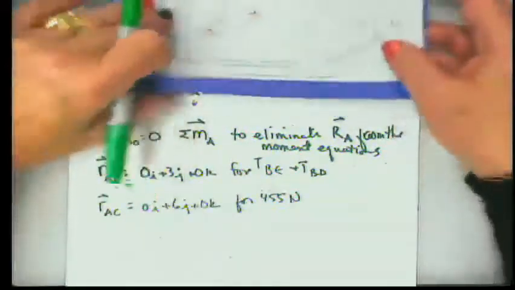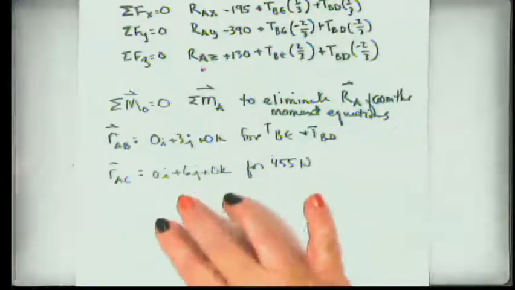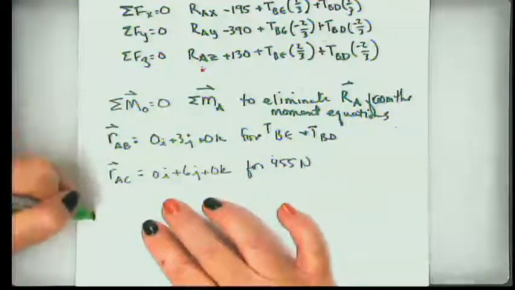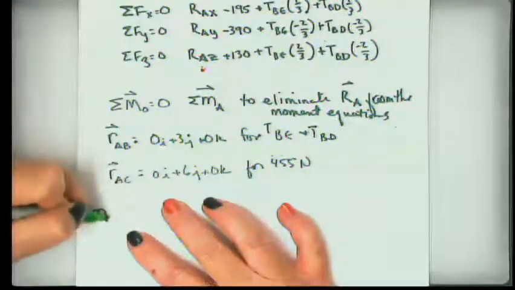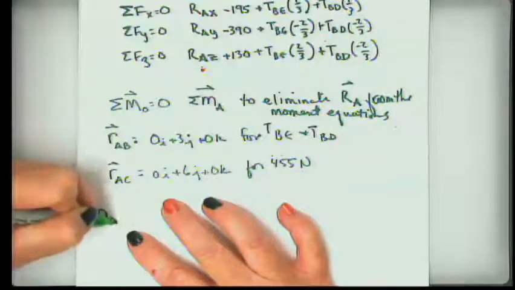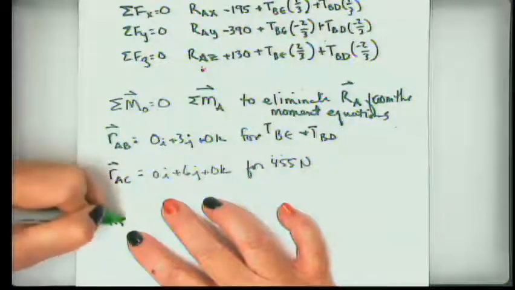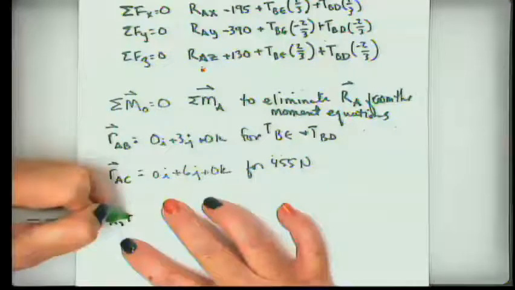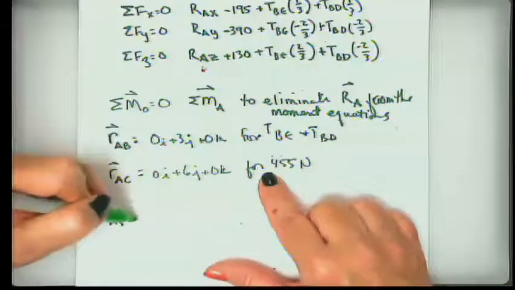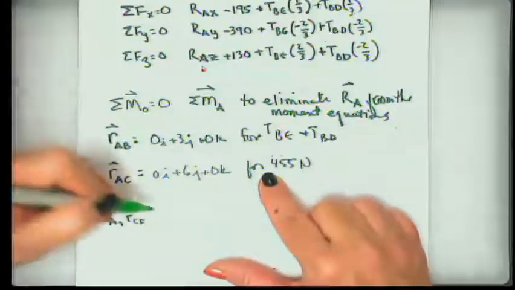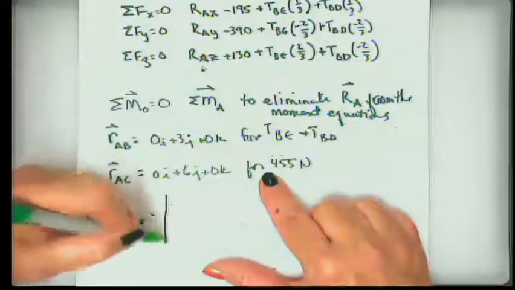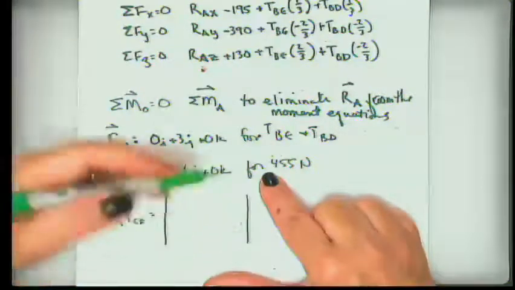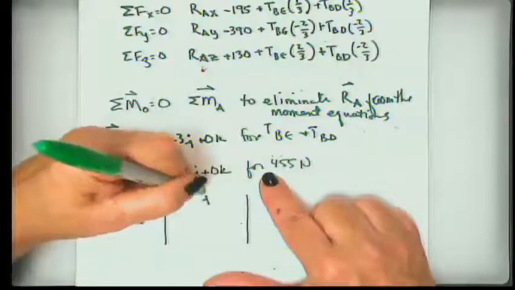Okay, so what I would do next is set up a determinant. I would say the moment about point A due to the tension in CF. I'm going to do this one first because it's a little bit easier. When I do that determinant, remember the first row is IJK.